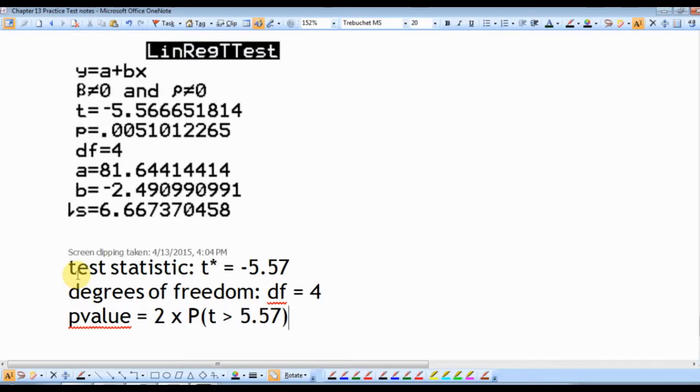Is it supposed to be t star or is that a different thing? Yeah, well, no, t is fine. And that's going to be equal to 0.0051. That should be everything, right? We have the test statistic, the degrees of freedom, and the p-value.